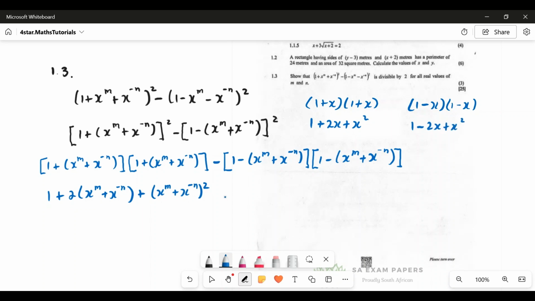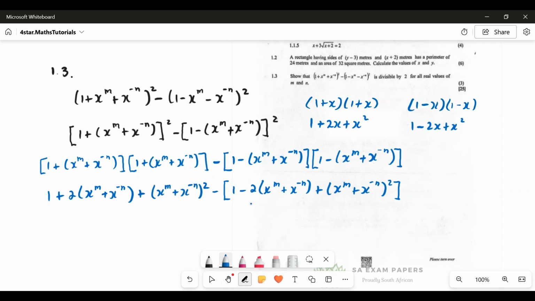So we are doing the same thing here. We're going to have 1 minus 2 into x to the exponent of m plus x to the exponent of negative n, then plus x to the exponent of m plus x to the exponent of negative n, all squared.